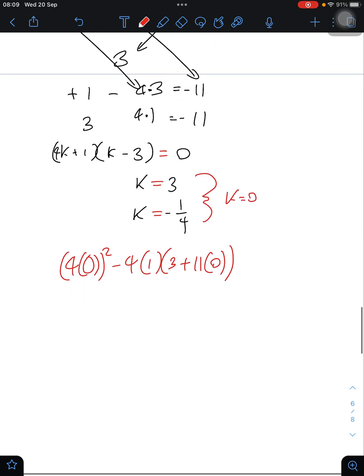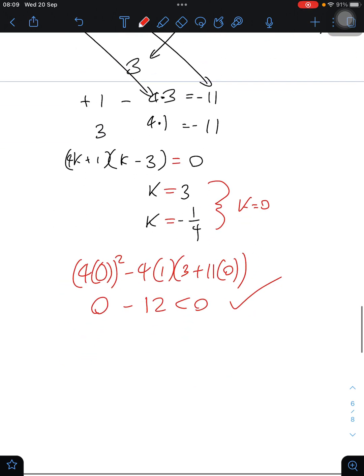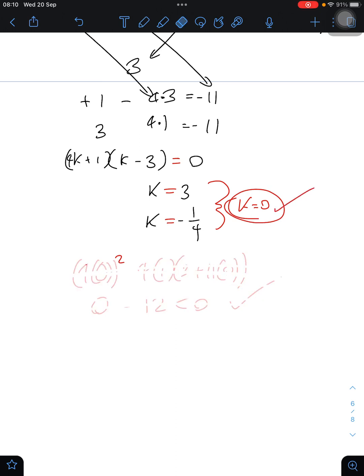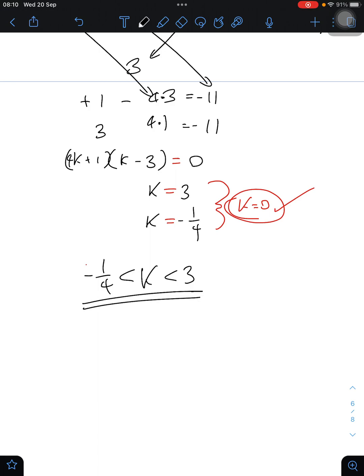And let's see what that gives us. 4 times 0 would be 0 squared minus 4 times 1 times 3 minus 12, which is less than 0, tick. And so because we know that k equals 0 is within our region, we therefore know that our inequality in terms of k has to be k less than 3, k greater than minus 1 over 4.